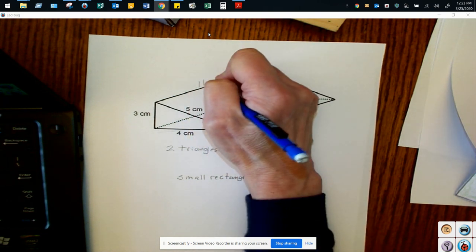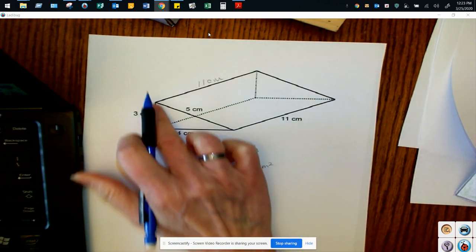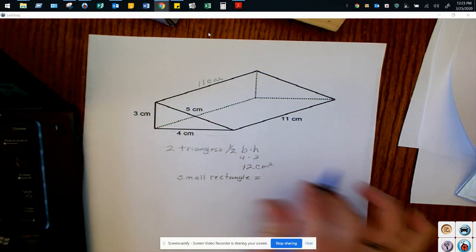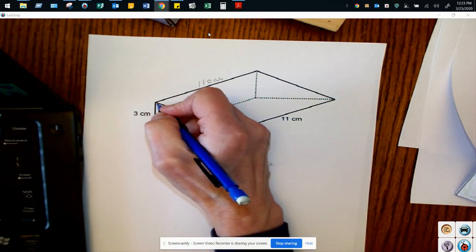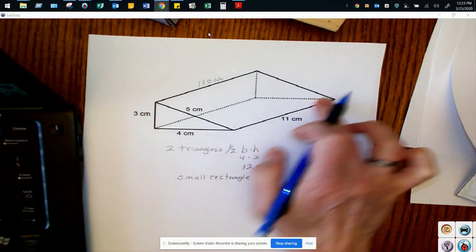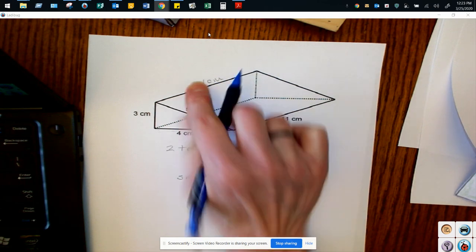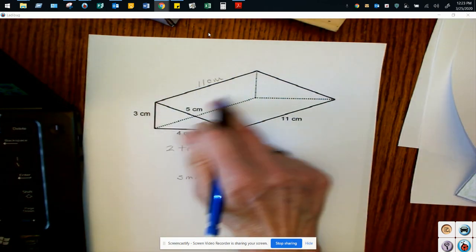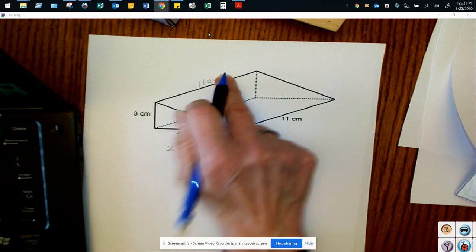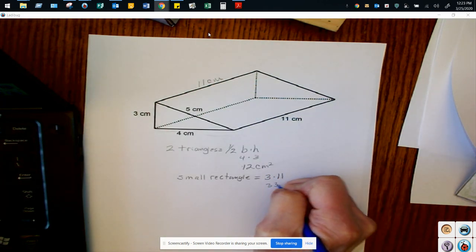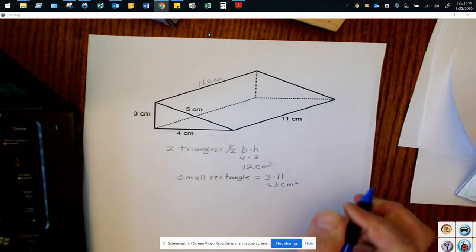So that's got to be a 3 by 11 to get here. And that's where these get tricky because you really have to figure out where to pull your numbers. I know this side is a 3. This is 11, so I'm going to slide it up here. That's also an 11. So that one, the small one on the left side, is going to be a 3 by 11. So that one's going to be 33 centimeters squared.